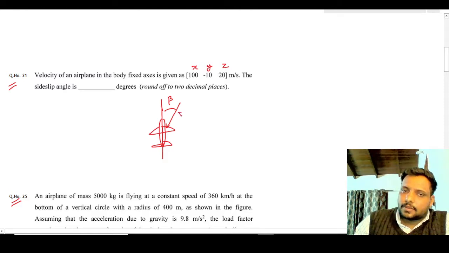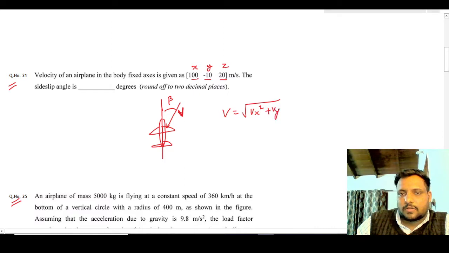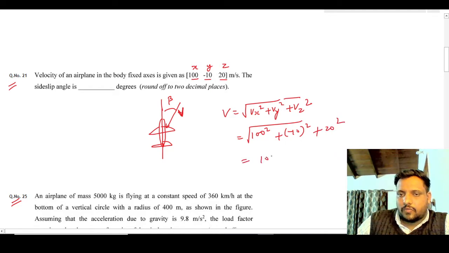Now this is, let's say, the resultant velocity. So we have three components of velocities. So resultant velocity is the square root of Vx square plus Vy square plus Vz square. Okay, so 100 square plus minus 10 square plus 20 square is around 102.64 meter per second.